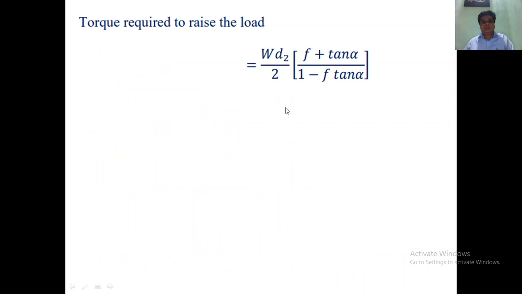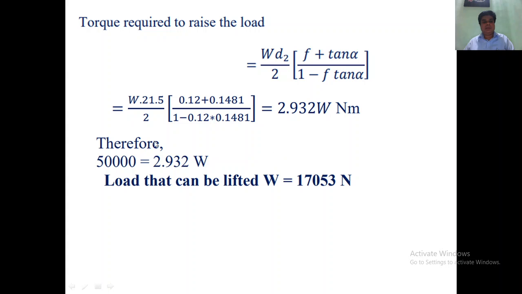Equating these two, we can calculate W. We get 17 kilonewton. This is the weight the screw jack, or power screw, can lift.